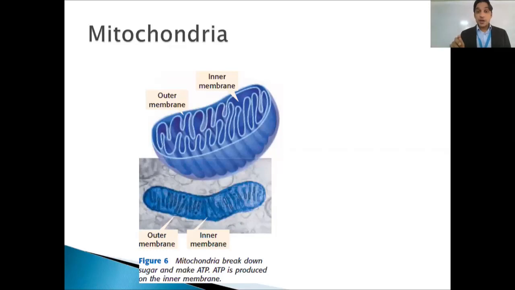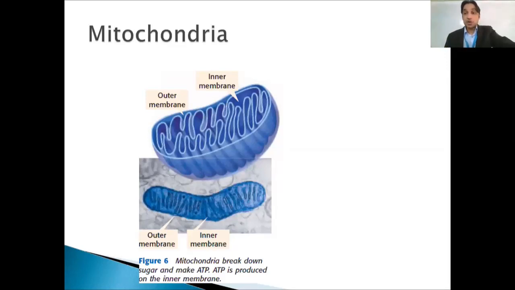That is why nature has given the mitochondria their own DNA. So they no longer depend on the nucleus for their function. Even if the nucleus is not supporting the mitochondria, mitochondria can execute its own function.